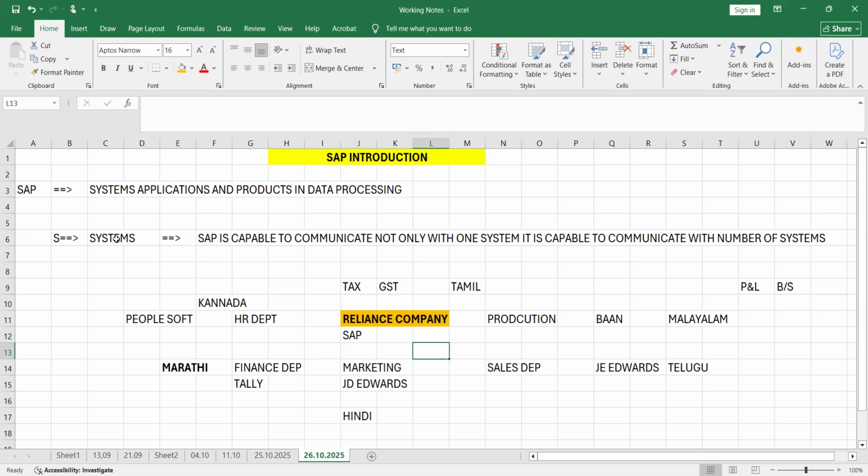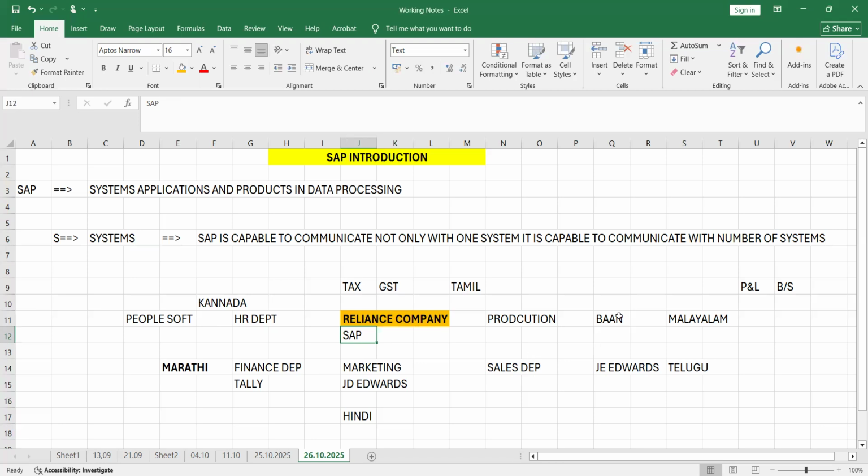Why are we calling it systems? SAP is capable of communicating not only with one system, right? Whatever data was developed by PeopleSoft can be retrieved by SAP through an interface. Whatever data GST Suvidha has developed can be taken by SAP, right?